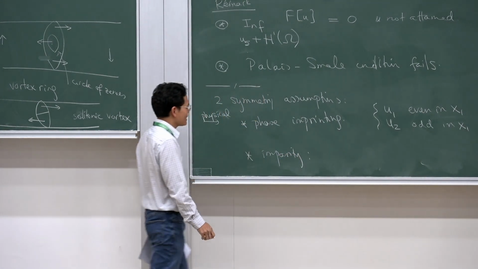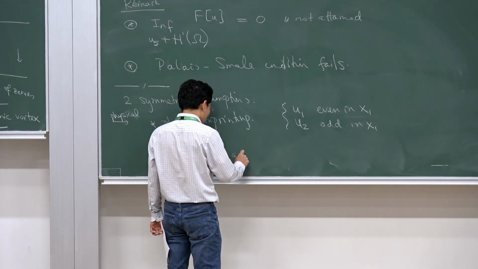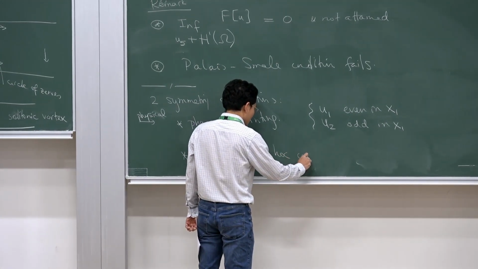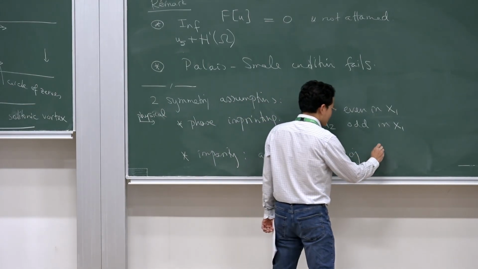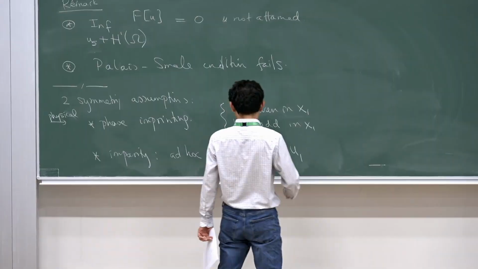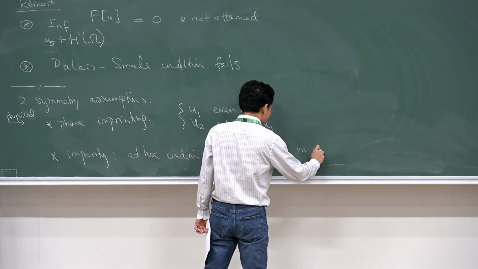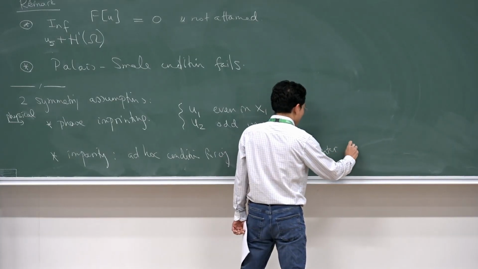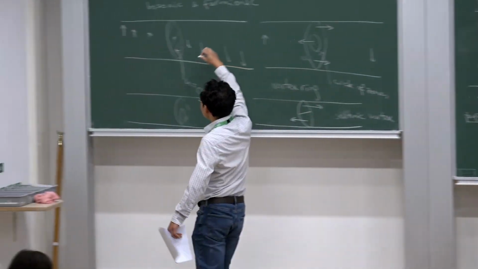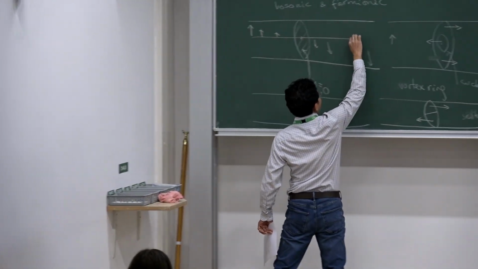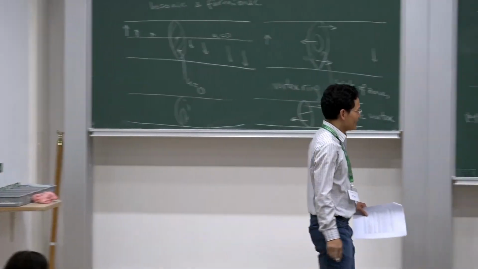This is an ad hoc condition, forcing U1 to be 0 on the center of omega. Basically, that imparity will force the admissible map U1 to be 0 here.